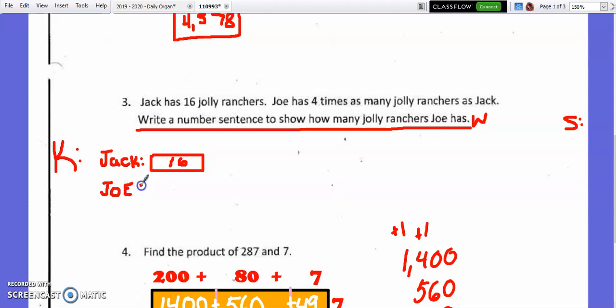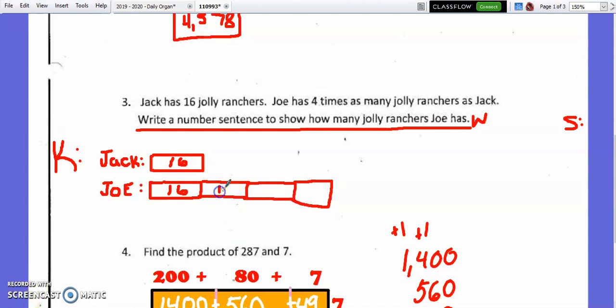In order to represent Jack, I'm going to show that I understand multiplication like we had mentioned earlier with the smiley faces. When we say he has 4 times as many as Jack, that means he has 4 equal groups of the same exact number as Jack, because that shows 16 times 4. So that's 2 groups of 16, 3 groups, and 4 groups of 16.